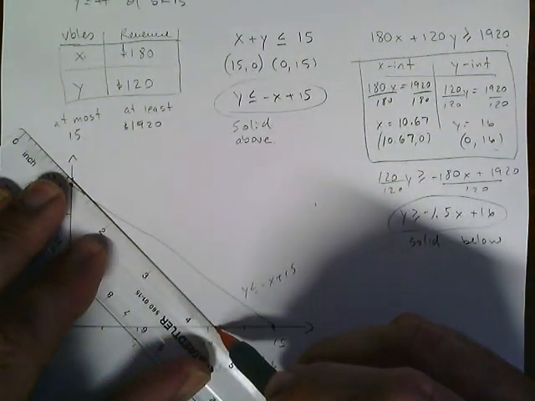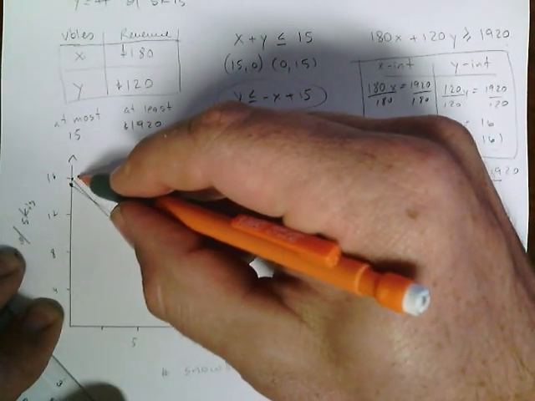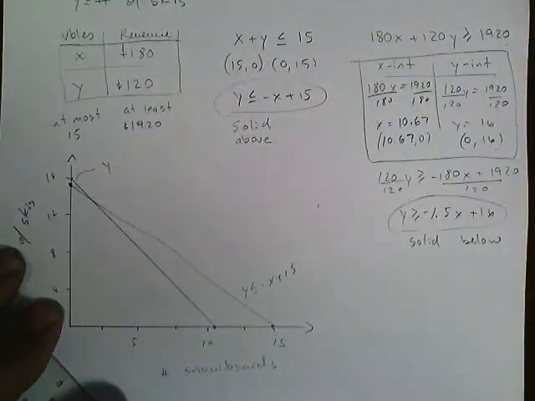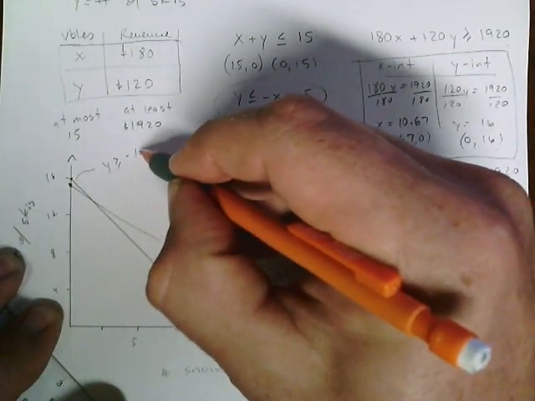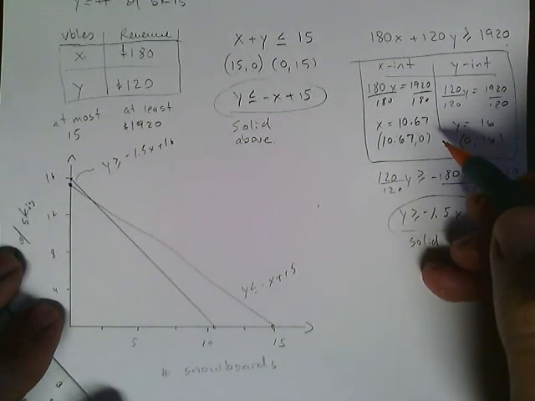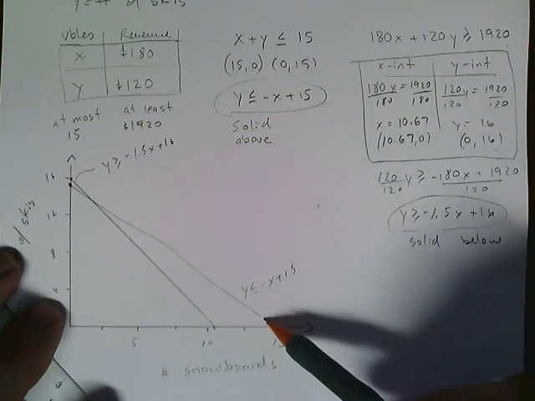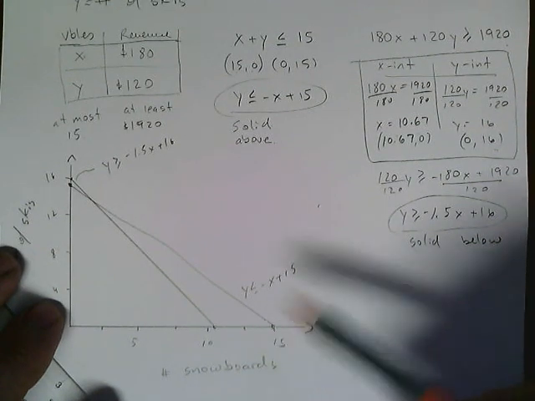And you draw your line there. And it's okay to sometimes do this. So this is y is greater than or equal to negative 1.5x plus 16. So make sure you label those lines. And so let's see. This one we shade above.